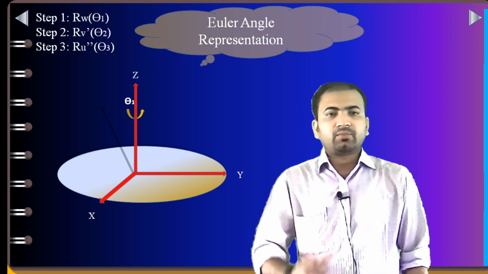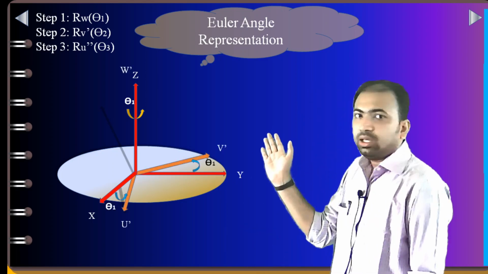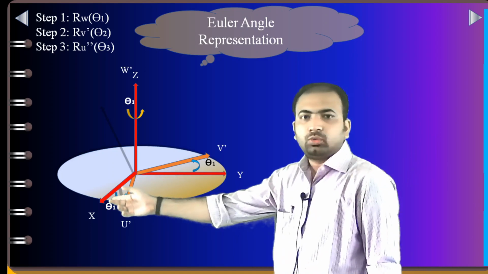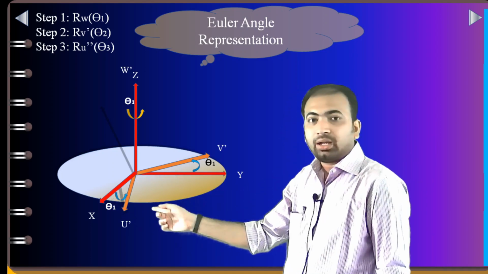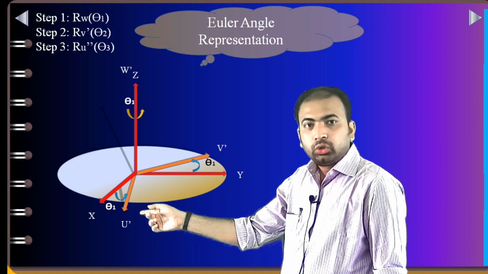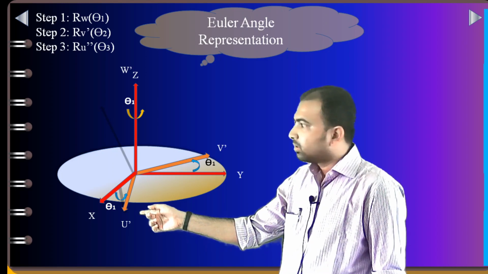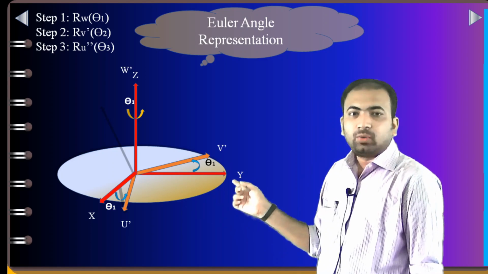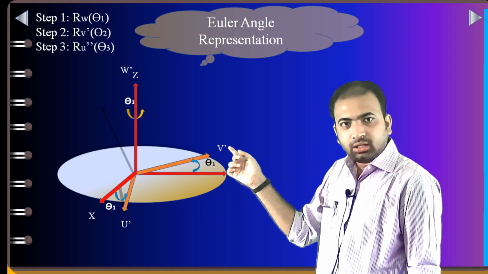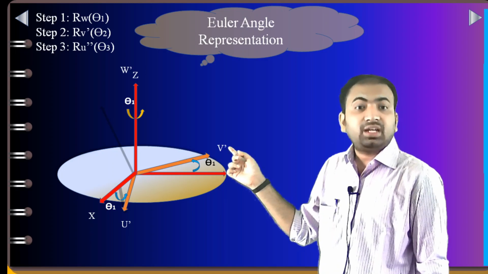So we will perform this operation and x will move by an angle theta 1 to a point u1, or to axis u dash, and here you can see y will be moved to v dash, right. So this is our newly constructed frame.